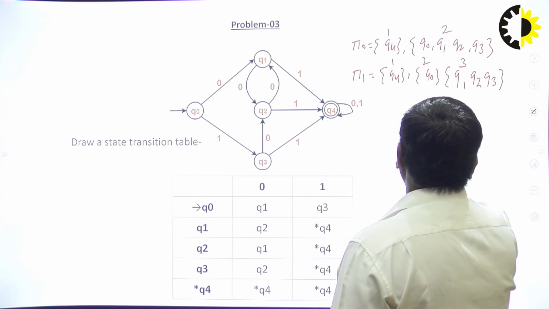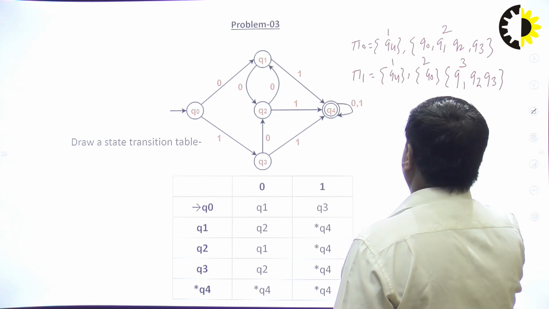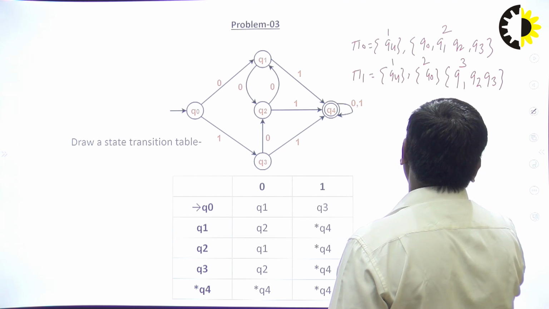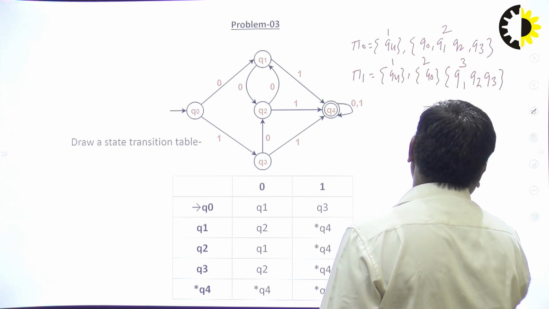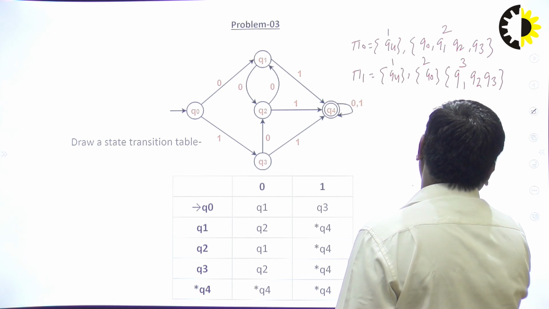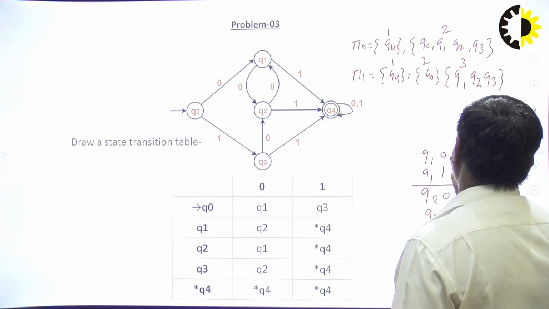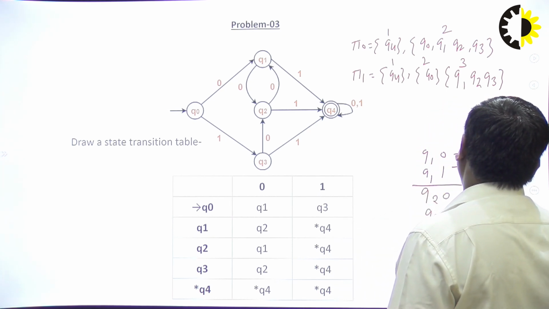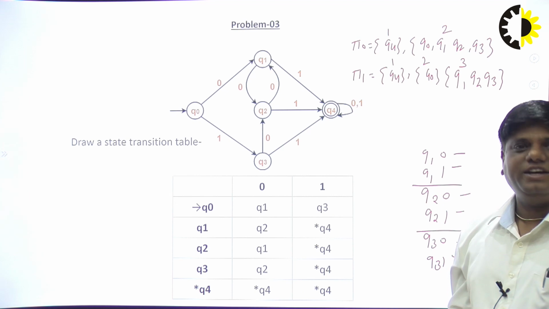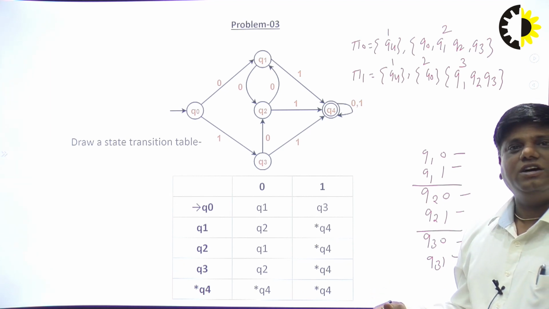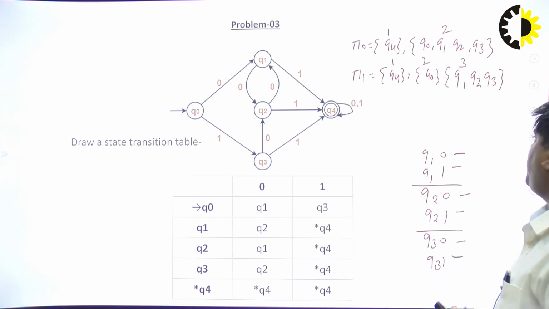Now we check the transition function of Q1 on 0 and Q1 on 1, Q2 on 0 and Q2 on 1, Q3 on 0 and Q3 on 1. Check the transition function of these three states. If states have a similar transition function, they lie in the same set. If any state has a different one, then it derives another set.